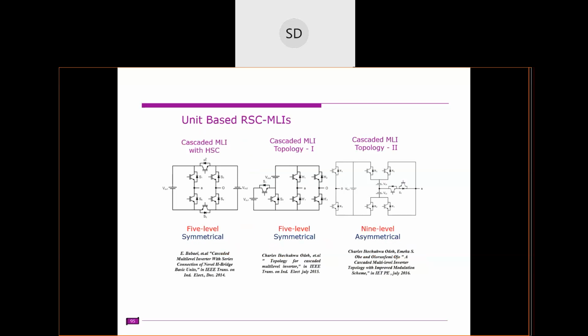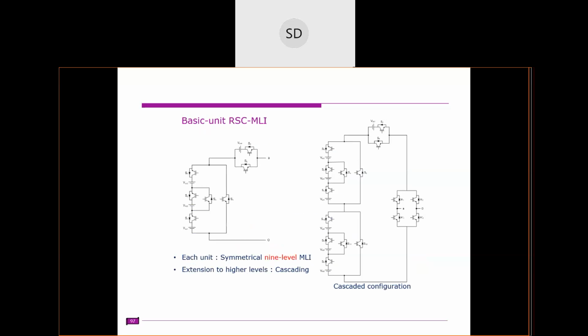So next topology. If you want to extend this to higher levels, we need to duplicate this unit. So this unit is duplicated here, and you require only one of this additional unit.